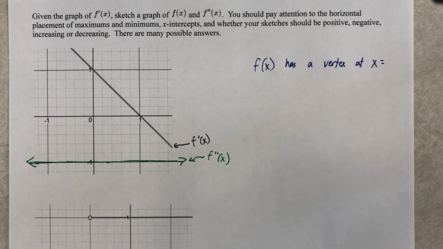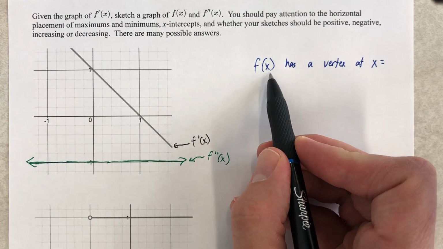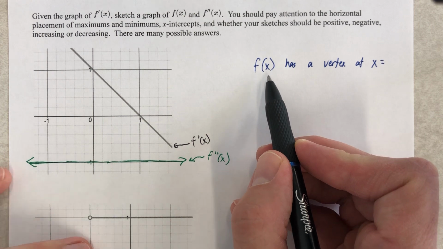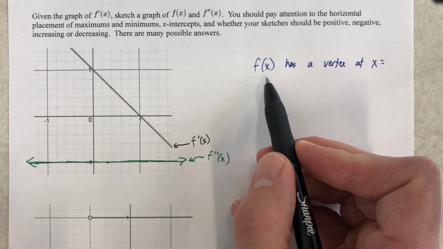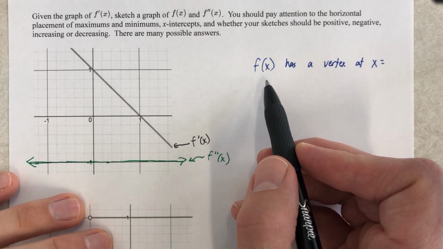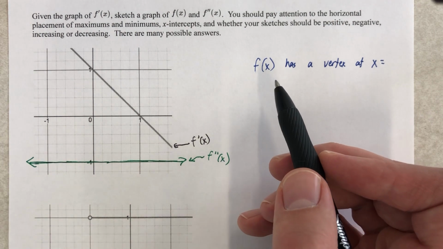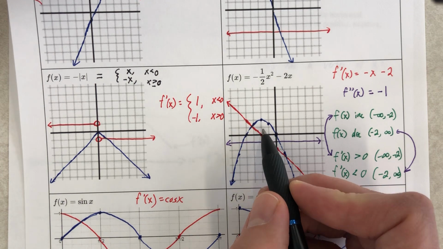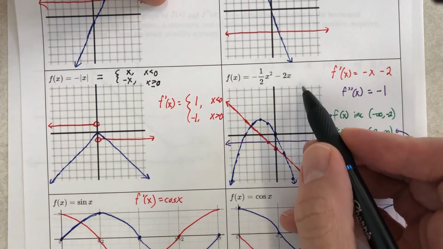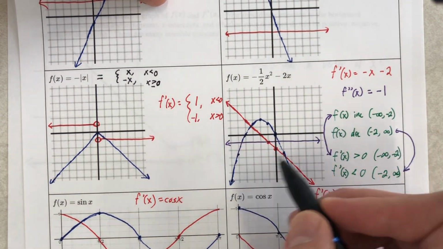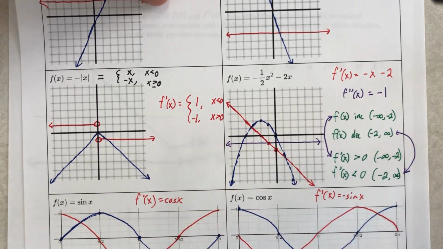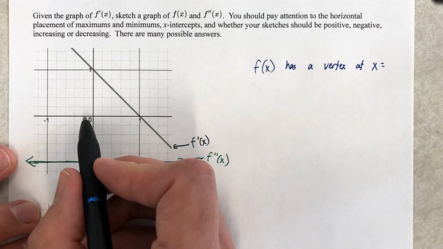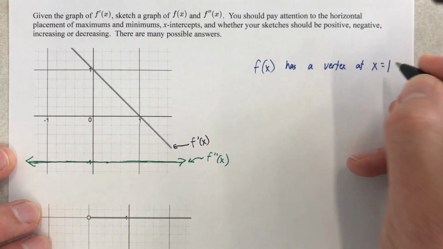The derivative of F is equal to 0 at the top or the bottom, the maximum or minimum vertex in this case. So when I have a maximum, the derivative equals 0. If this had gone the other way, it'd be the same thing. X equals 1.